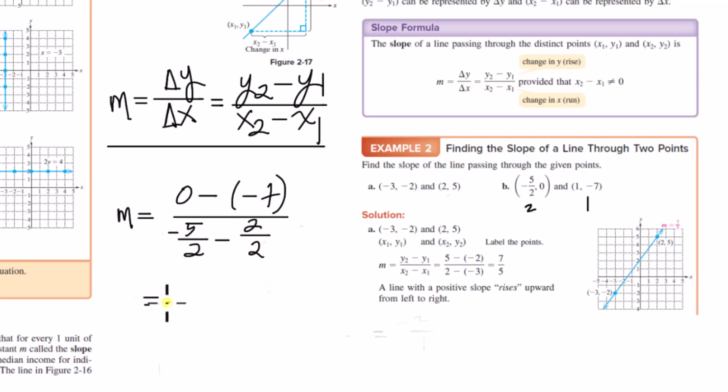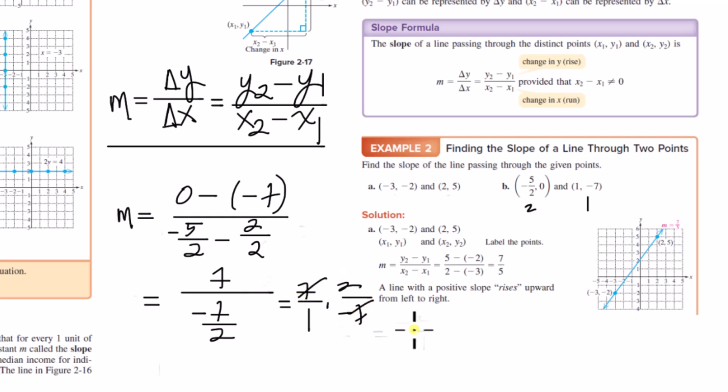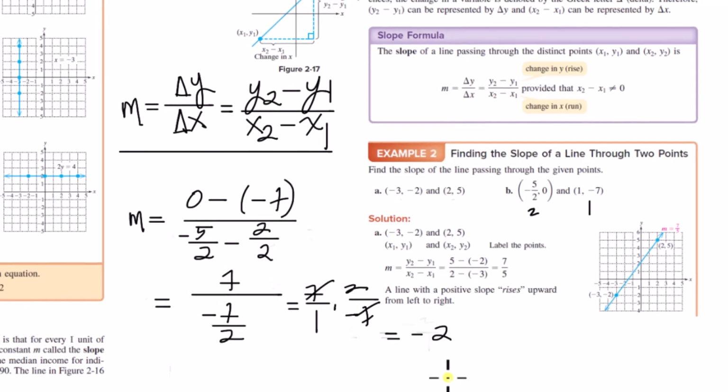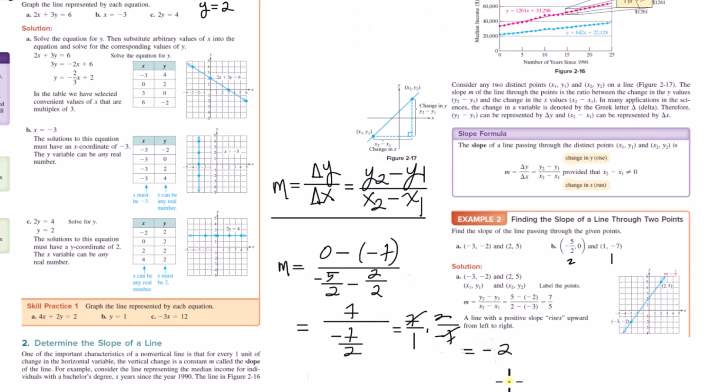So we've got 0 plus 7, okay, minus 5 halves minus 2 over 2, that's minus 7 halves. So this is equal to minus 2. The slope is negative. For every 1 unit you move in the positive horizontal direction, you have to move 2 units in the negative y direction to get back to the line.